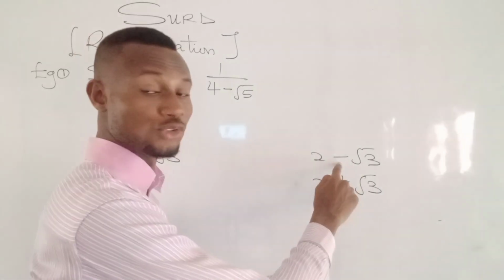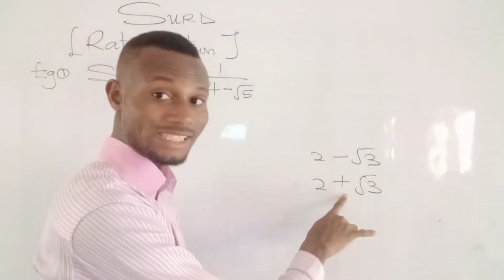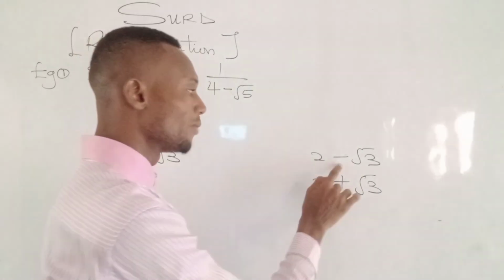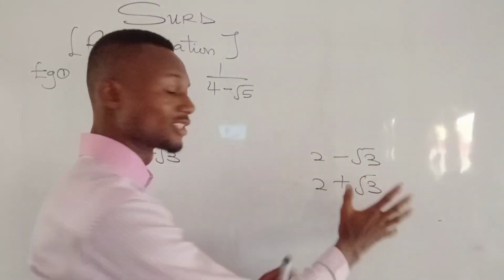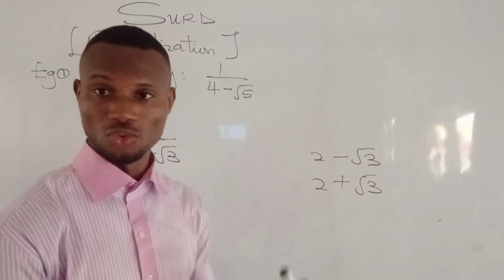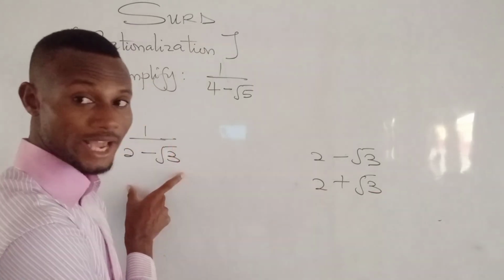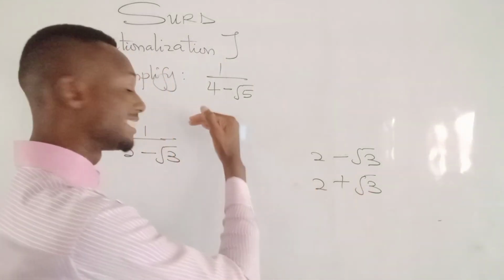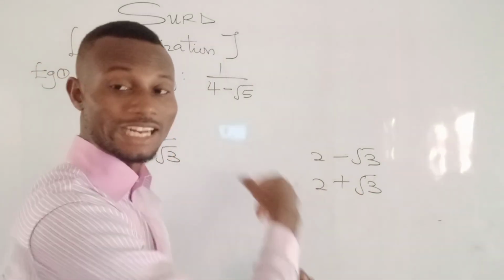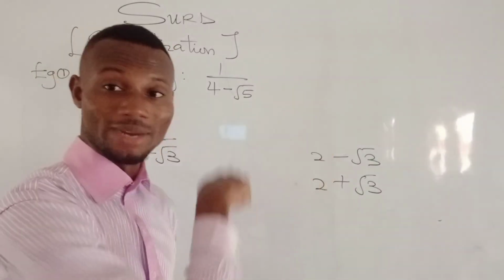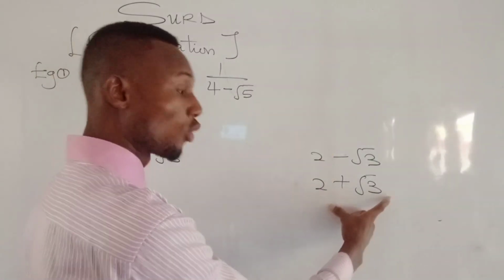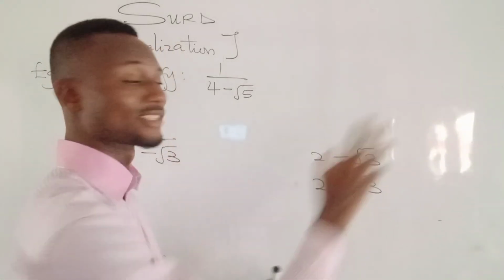It is negative, so we write this as positive. So the conjugate of 2 minus root 3 is 2 plus root 3. I hope you understand it. So this is the conjugate of the denominator, and we are going to multiply both the numerator and the denominator of the fraction by the conjugate, which is 2 plus root 3.